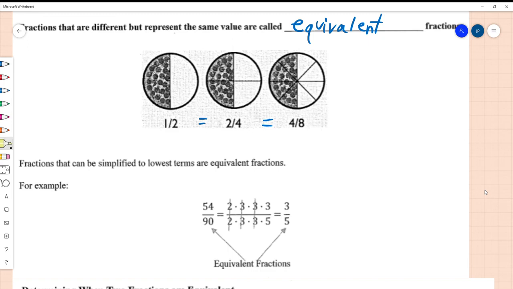So an example is 54 over 90. What we've done here is we did prime factors for 54, prime factors for 90, crossed out the common factors, and reduced it to 3/5. So 54 over 90 and 3/5 are equivalent fractions. They have the same value. They are equal.